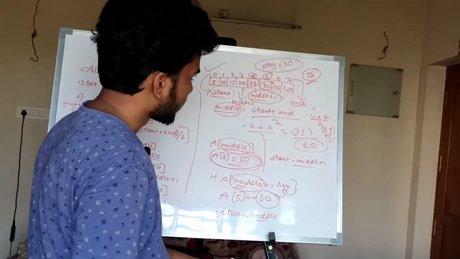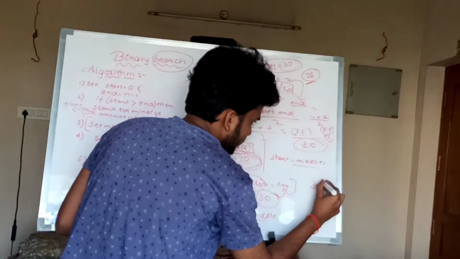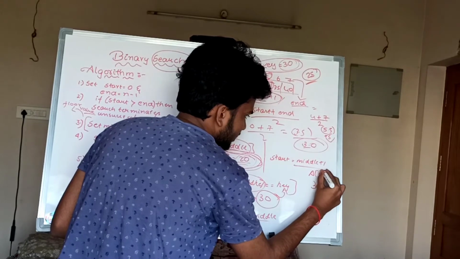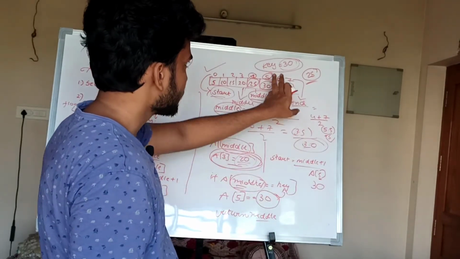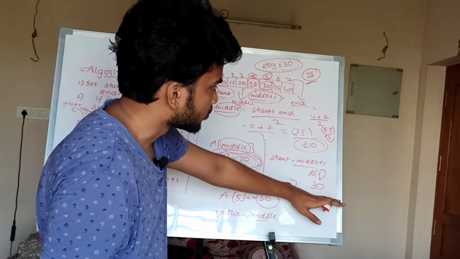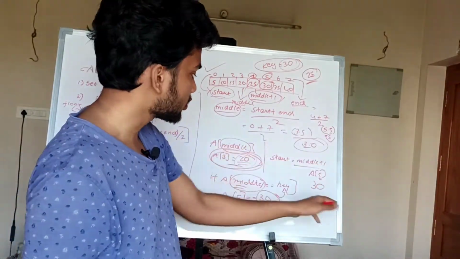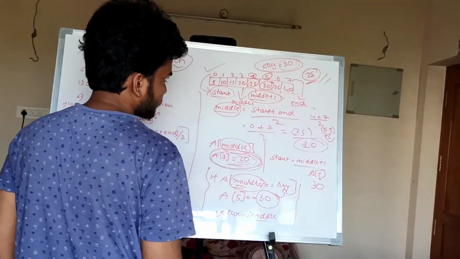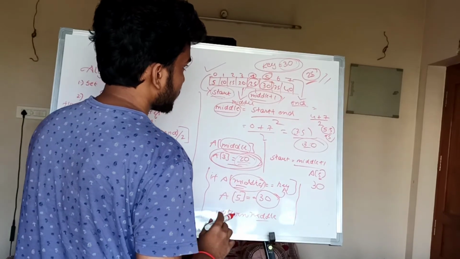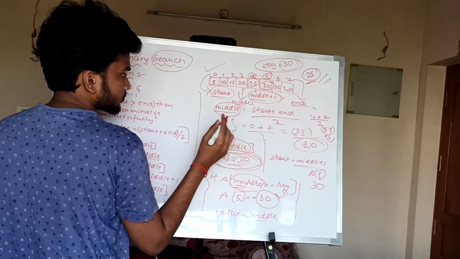Now when we calculated the middle element we got 30, that is a of 5, which is equivalent to the value of 30, right? Now we move to either left or right again, because this condition failed. If the key element is 25, this condition failed, and this time we have another condition.